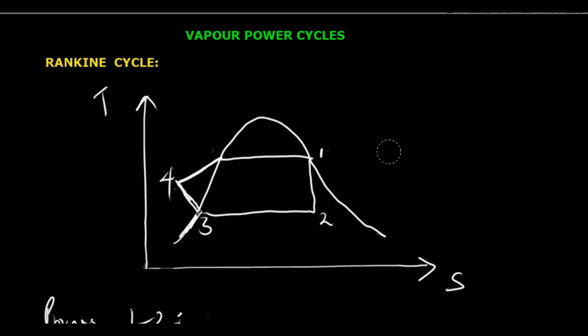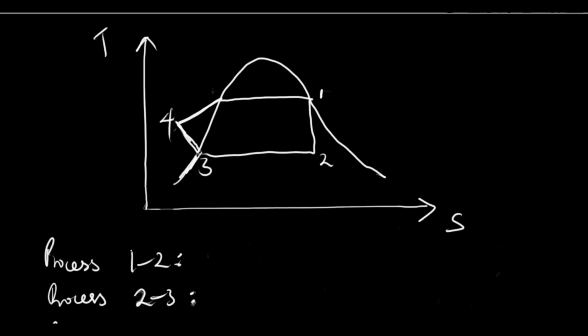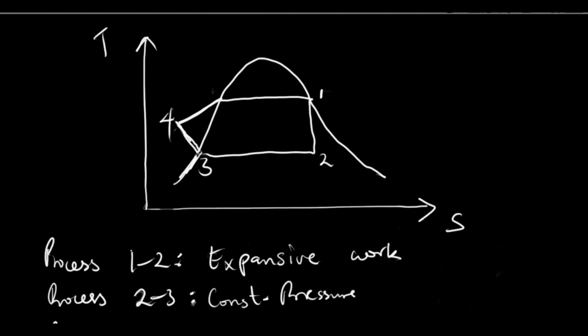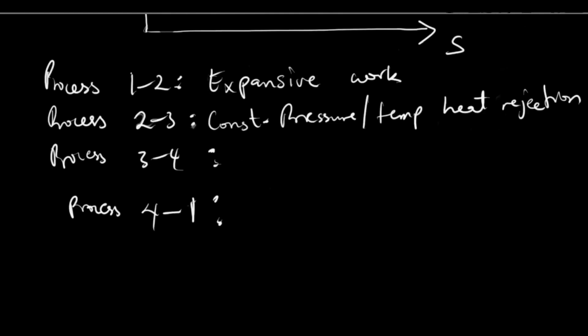So now let's go to the processes in detail. Process 1-2 is the expansive work. Process 2 to 3 is the constant pressure and temperature heat rejection.